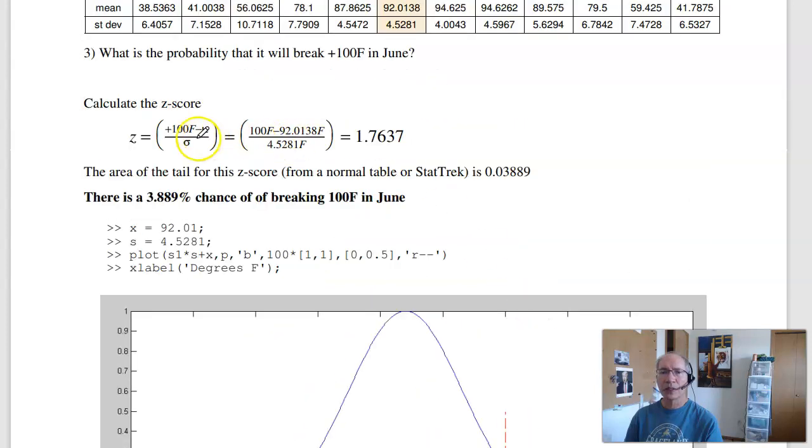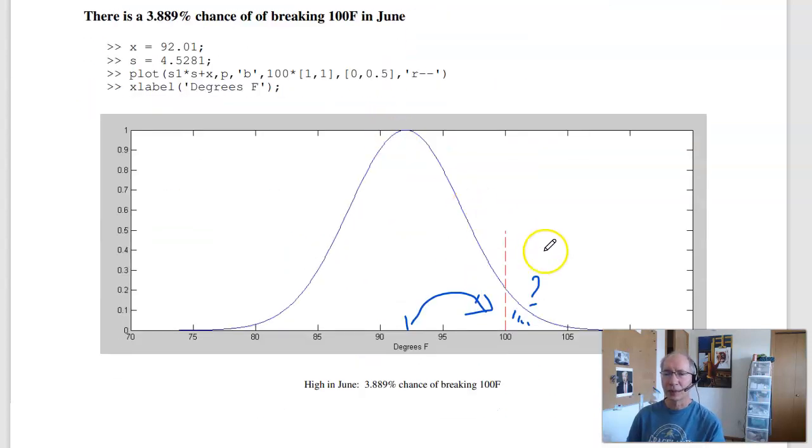Well, to do that, the distance of 100 from the mean in terms of standard deviations, that's the z-score, it is 1.76 standard deviations away. Going to StatTrack or normal table, converting this to a probability, the tail is 3.889%. So that's the chance it'll break 100 this coming June.